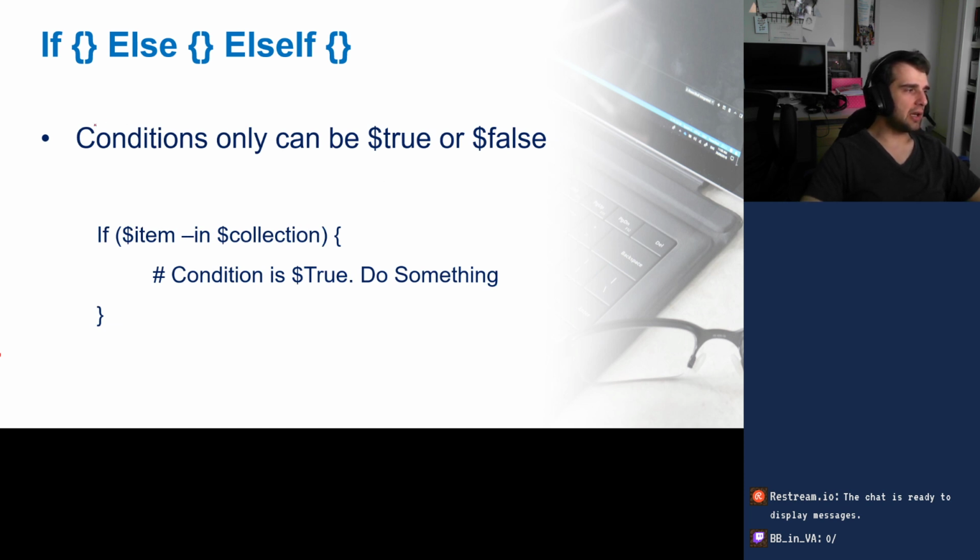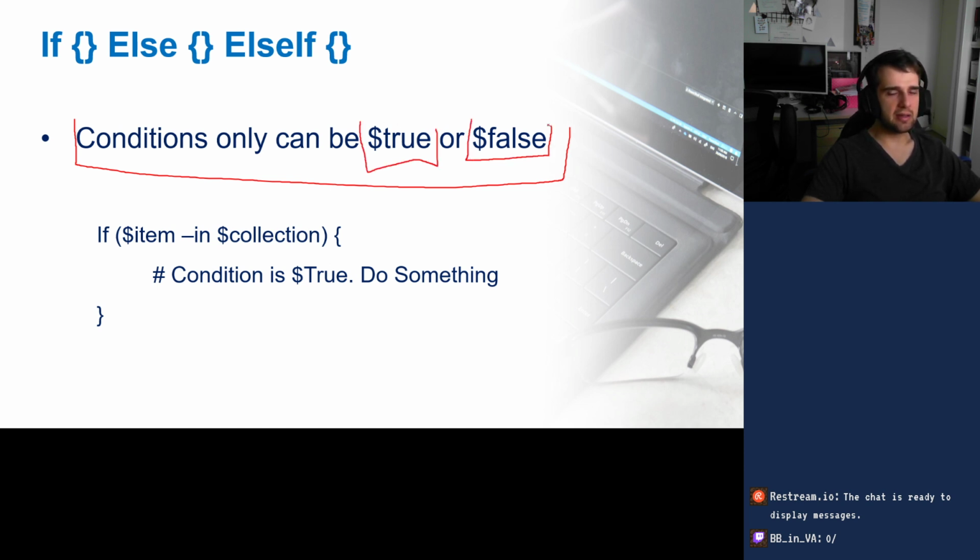So conditions in an if statement can either be true or false. What I mean by that is, when you're evaluating a condition, for example, if you have an item in a collection, it's either going to return true or false. If you have a value that exists or it doesn't, if it's null or if it's not, then it's true or false.